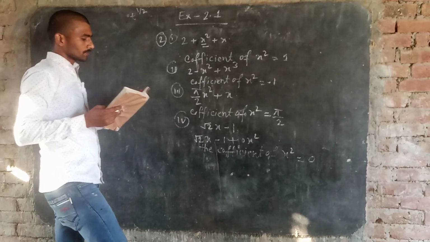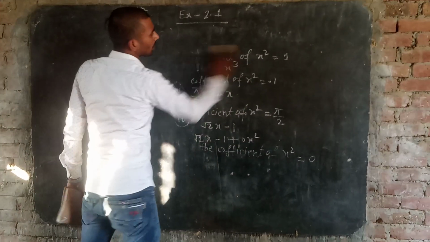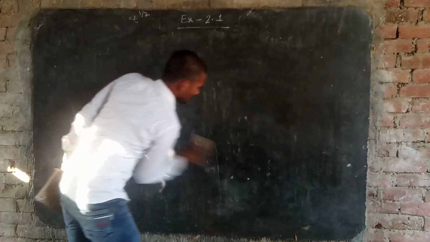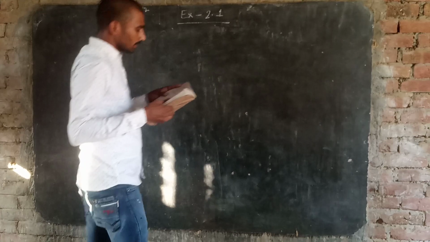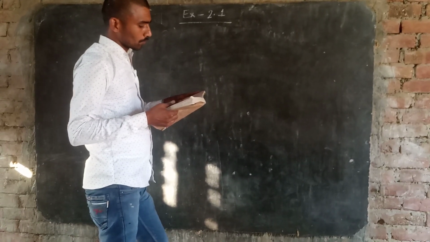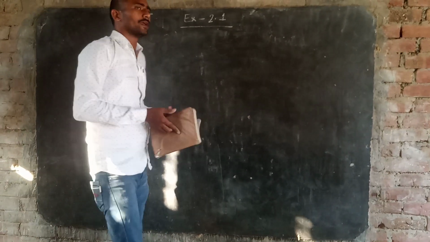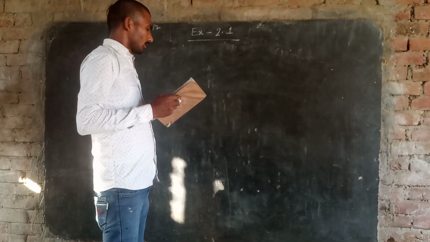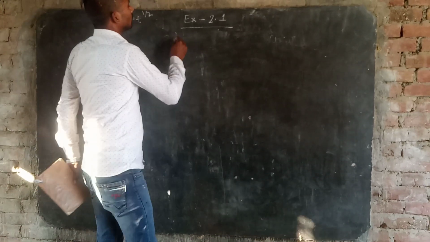Next question, give one example each of a binomial of degree 35 and a monomial of degree 100. So friends, we have to give an example of a binomial of degree 35.